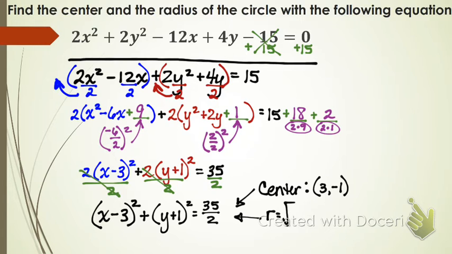So I'm going to do the square root of 35 over 2. What's the problem? Square root on the bottom. Anytime I've got a fraction underneath the radical, I have to rationalize that denominator. How do I rationalize this? Multiply it by radical 2, top and bottom. So this is going to be the square root of 70 over 2.